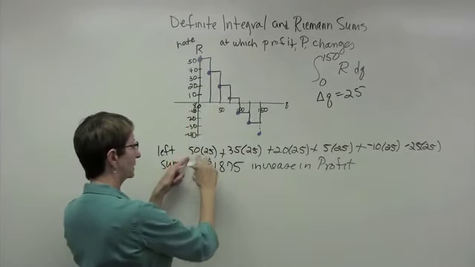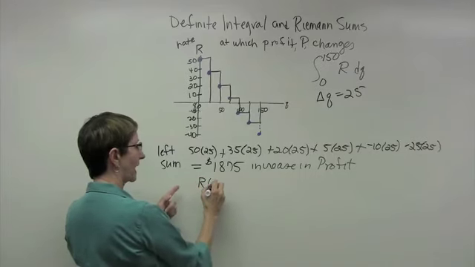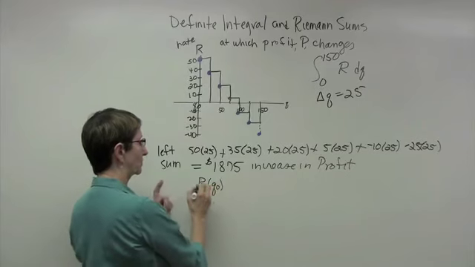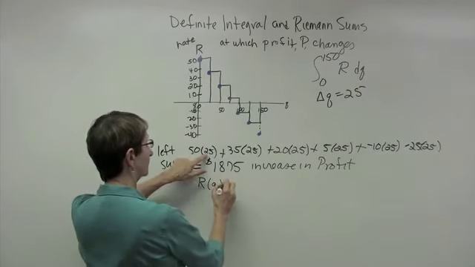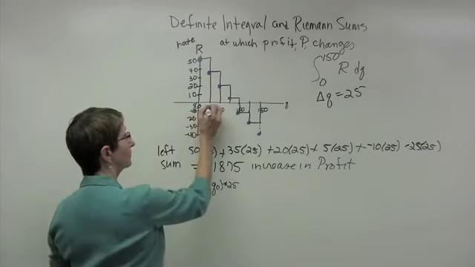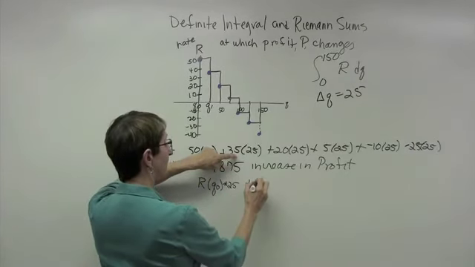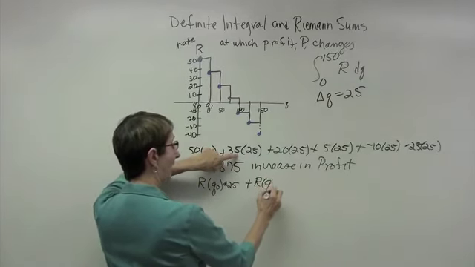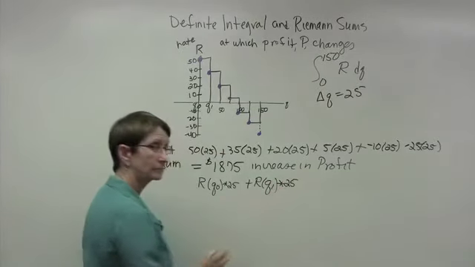So my 50 was my value of the rate at the first number, Q sub 0. And then 25, that's the width of this interval, from Q0 to Q1. My next number at 35 was the rate value at Q sub 1, and I multiplied that by 25.